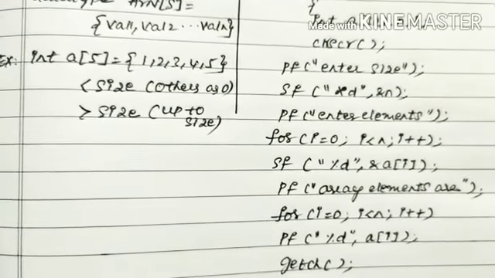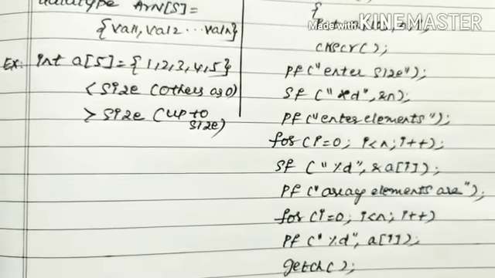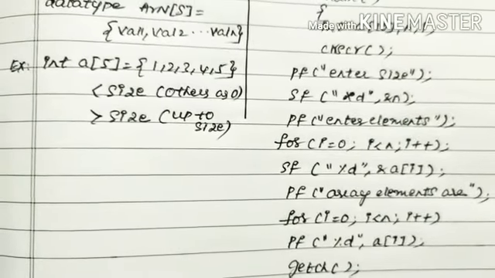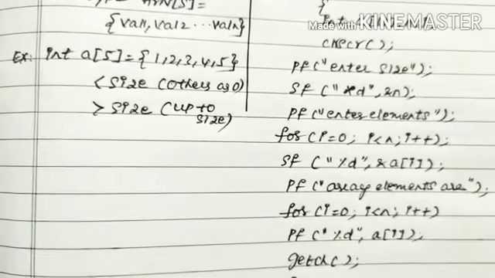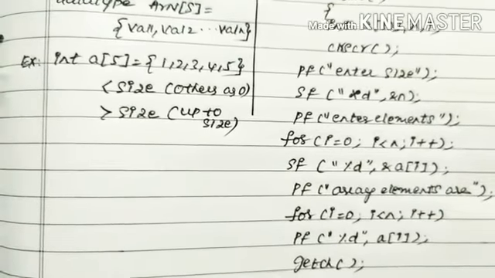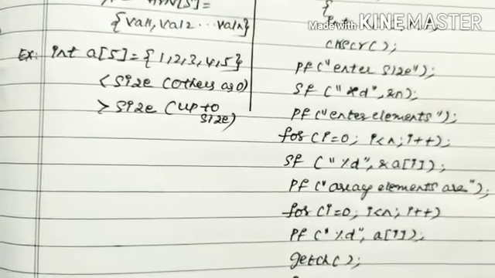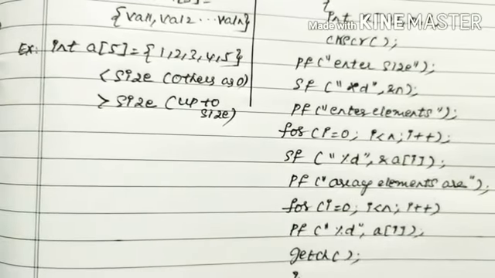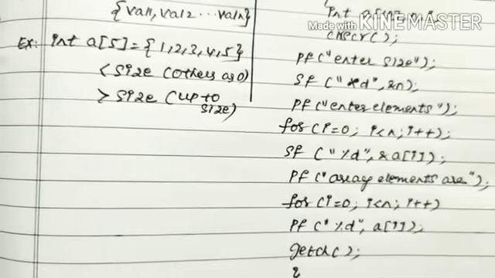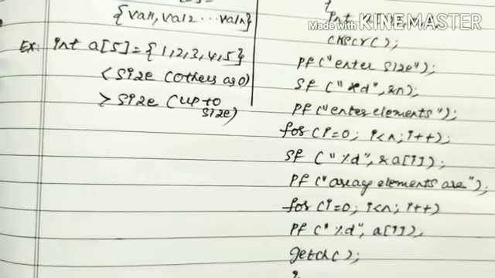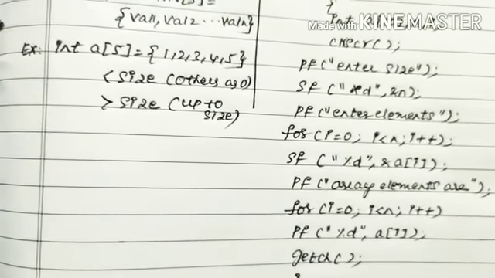We have declared an array, int array[10], and n. In the first printf statement we enter the size of the array. In the scanf, we save that size in memory. Then in the next printf statement, we enter the elements of the array of the size we have given.